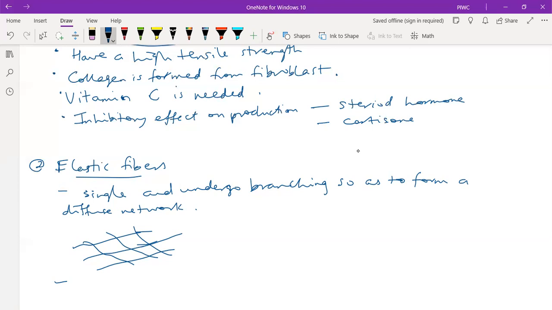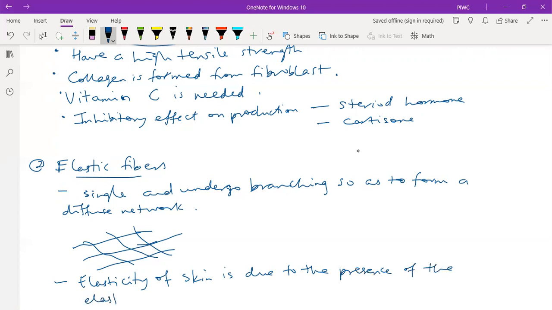They are attached to the dermis and epidermis of the skin.